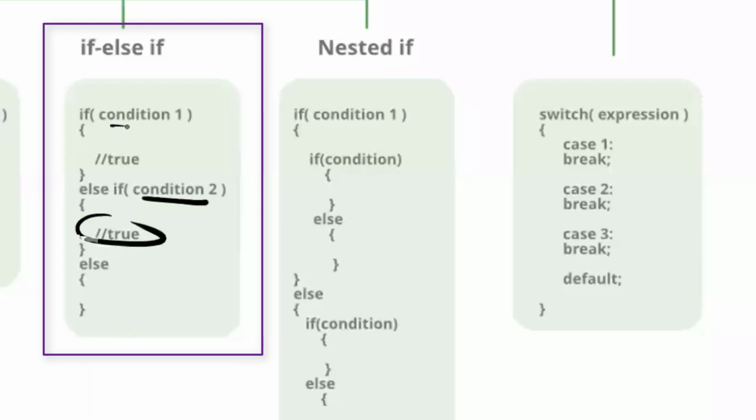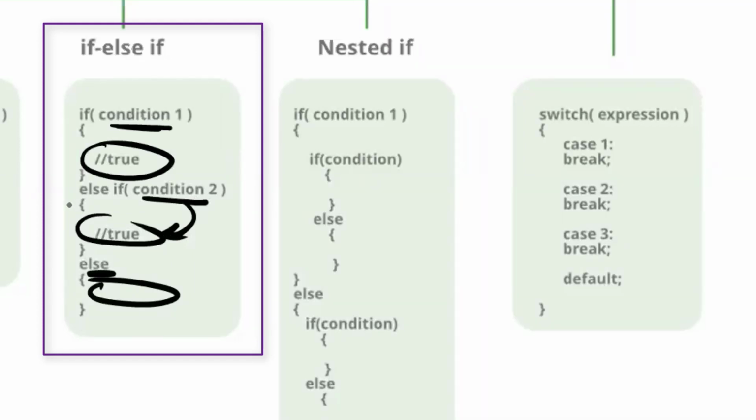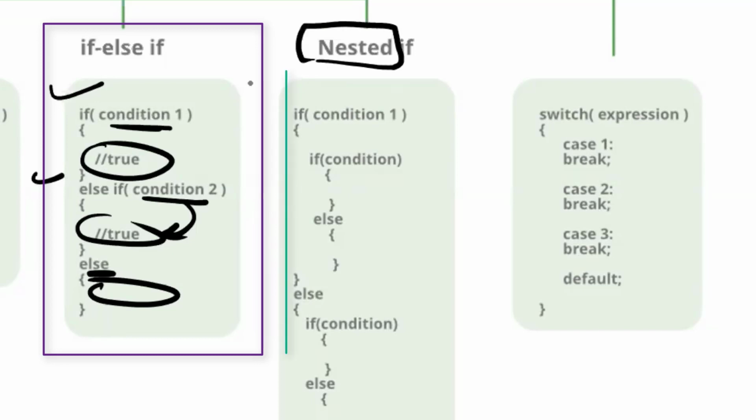If this is true, then these, and if none of these is true, else these will be executed. It's not necessary that you use everything. You can only write an if statement, or if with else, or only if and else if.